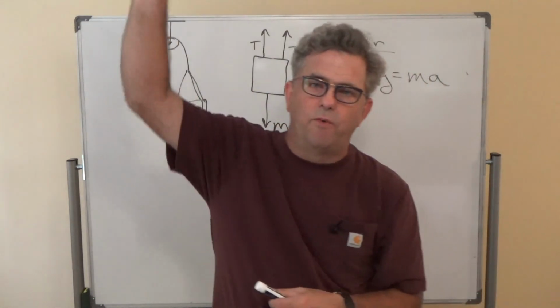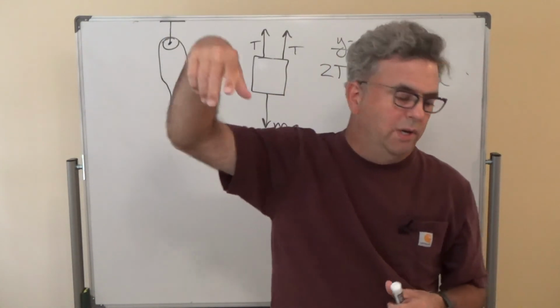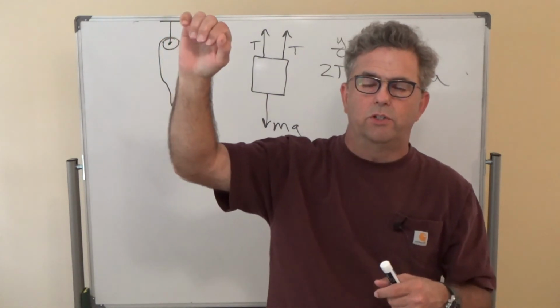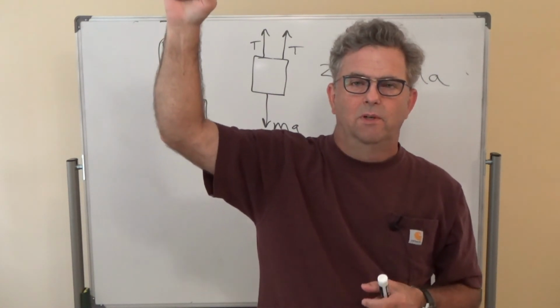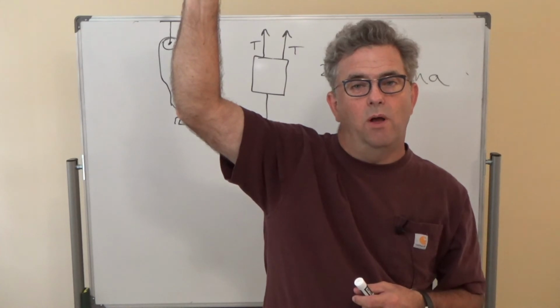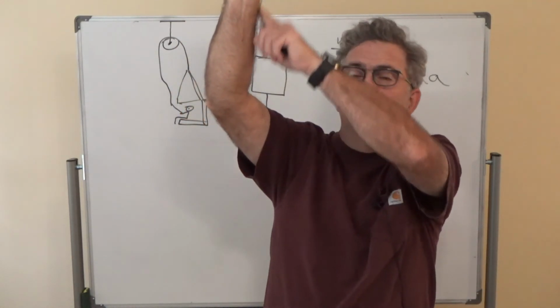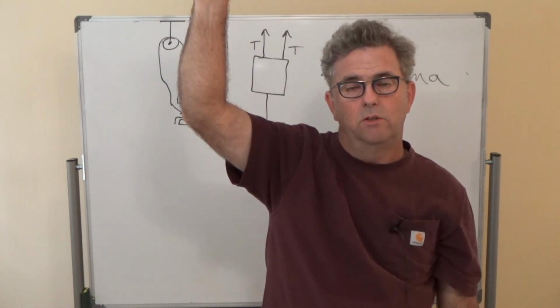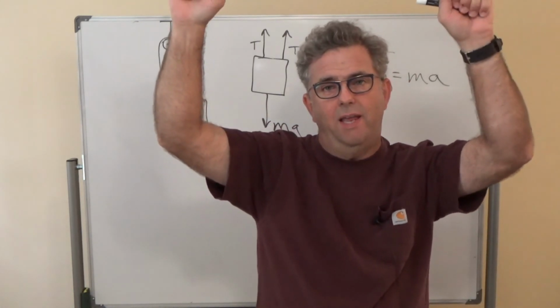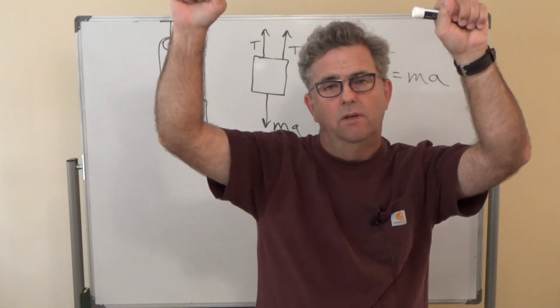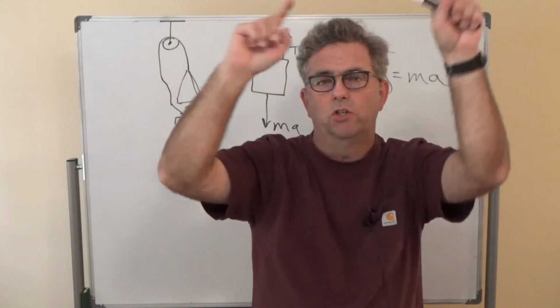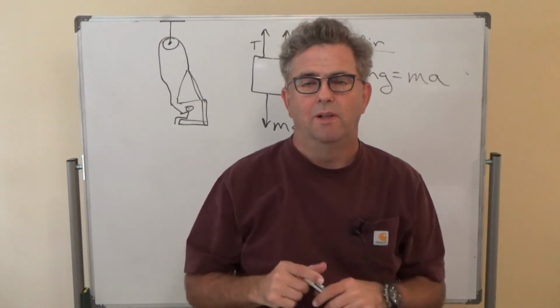If you're in the gym and you want to do some pull-ups, okay? When you're hanging from one arm, this arm is supporting mg, your total mass. If you're hanging from two arms, you have mg over 2 and mg over 2.